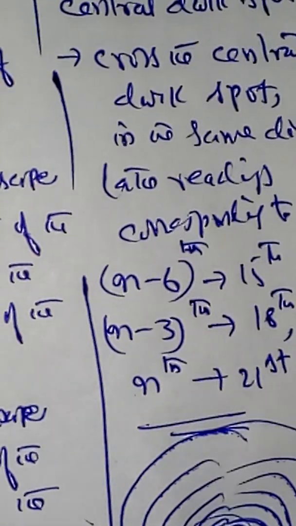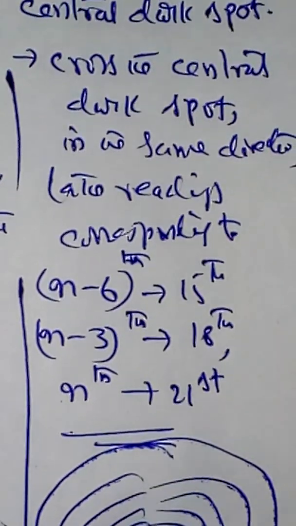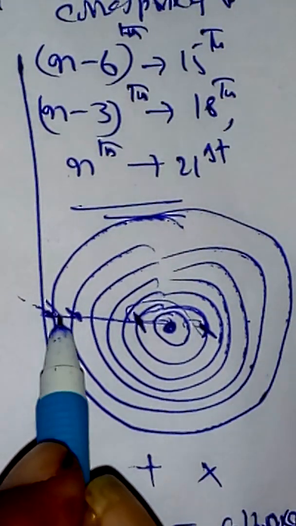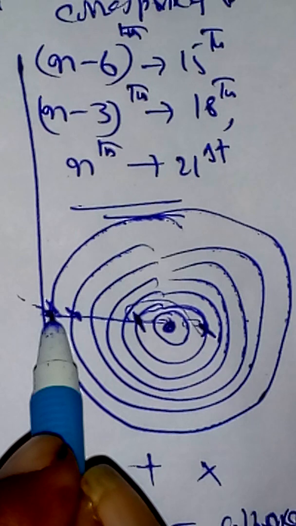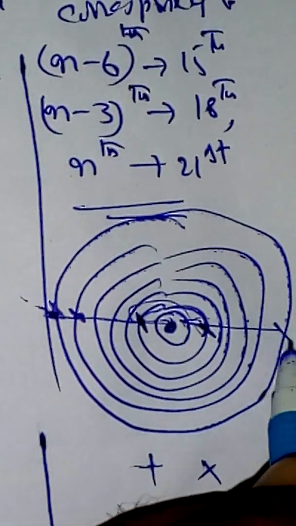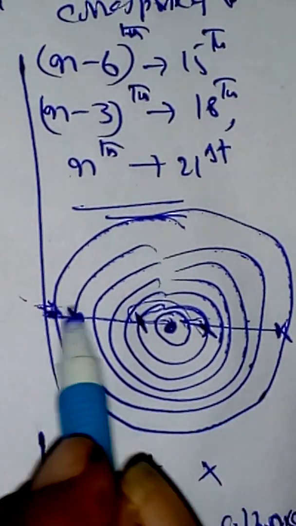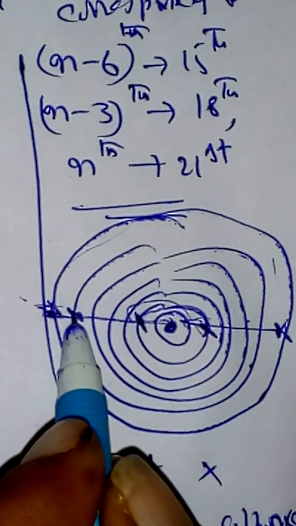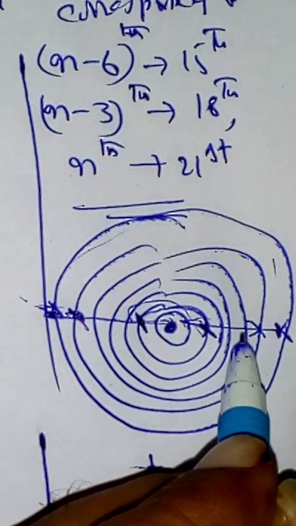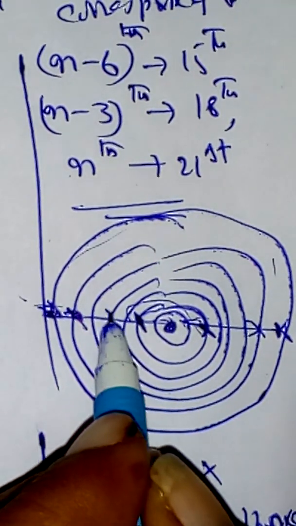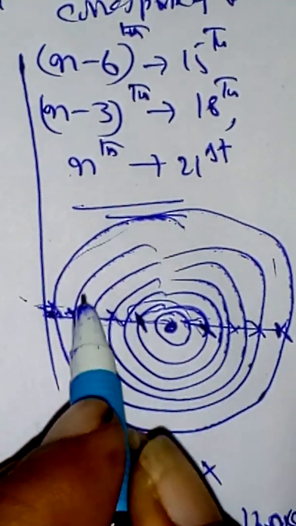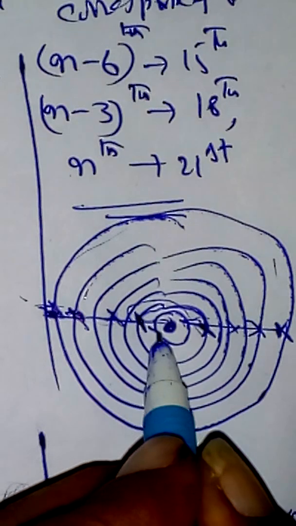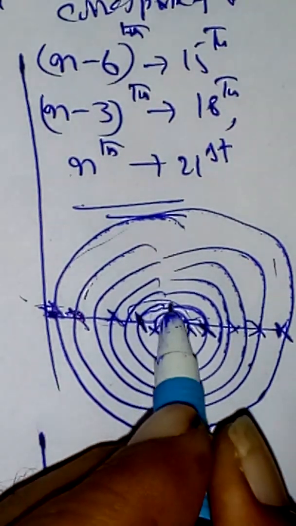So that means you have taken, let us say, the 21st ring reading, the nth ring. Now you have taken this side reading. Now the difference between this and this gives the diameter of this ring. Similarly, the difference between this reading and this reading gives the diameter. Difference between this and this gives the diameter of this ring.